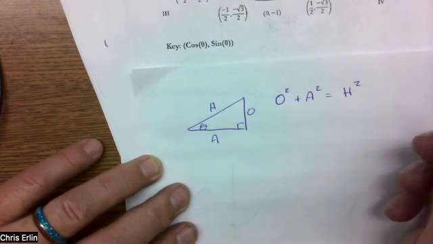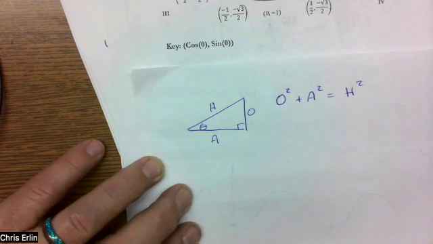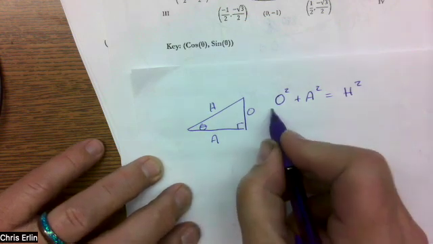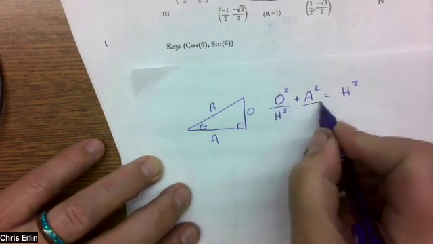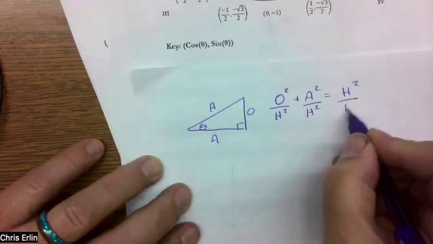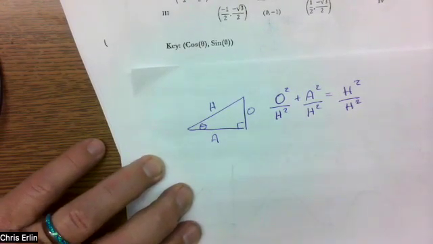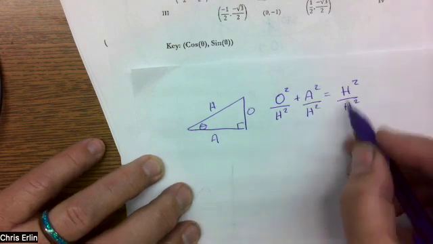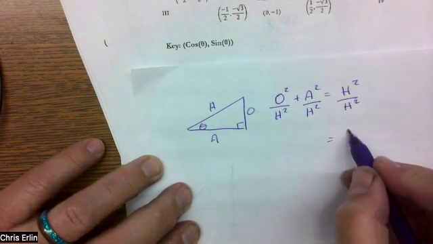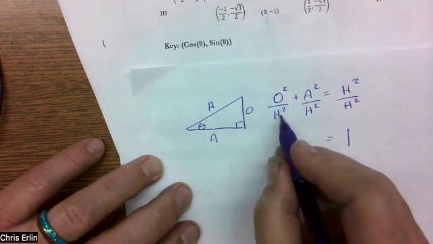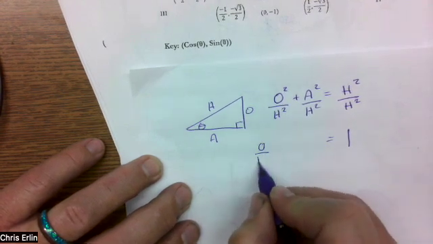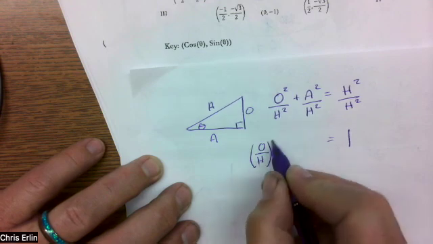H squared. Now I'm going to do a little fancy math. I'm going to divide both sides by H squared. I'm allowed to do that, aren't I? Yeah. Okay. So what's H squared over H squared? And O squared over H squared, do you agree that we can treat that as O over H squared?